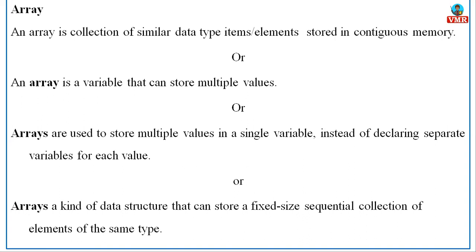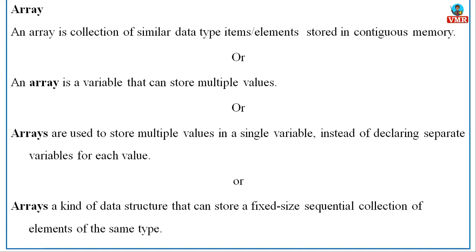It has different definitions: an array is a variable that can store multiple values, in a single variable instead of declaring a separate variable for each value. And also an array is a kind of data structure that can store a fixed size sequential collection of elements of the same type. Why do they say fixed size?